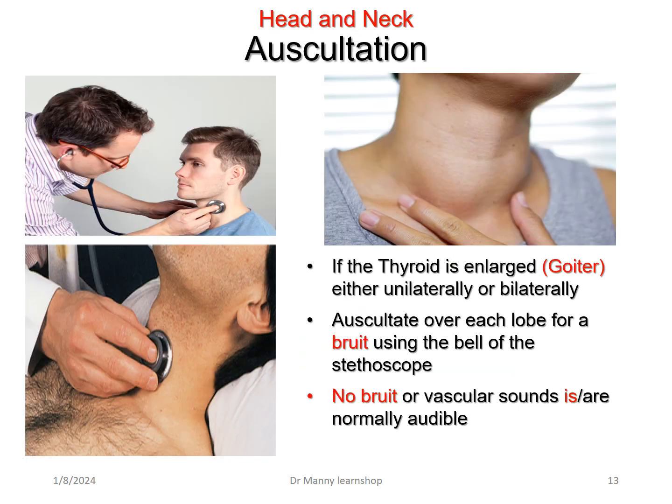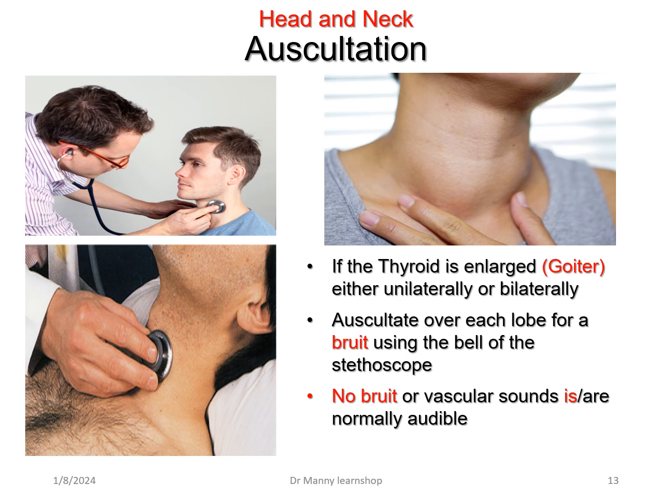When it comes to auscultation, if the thyroid gland, for example, is enlarged, a goiter, either unilaterally or bilaterally, you auscultate over each lobe for a bruit. And a bruit is an abnormal sound that typically you don't hear with a stethoscope.